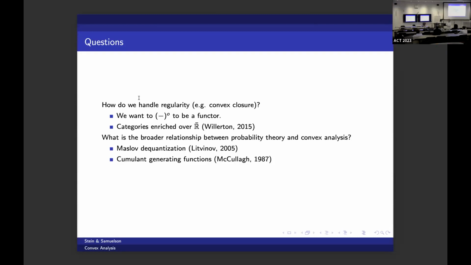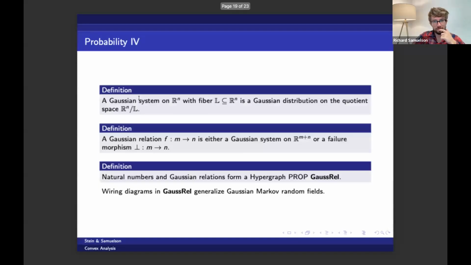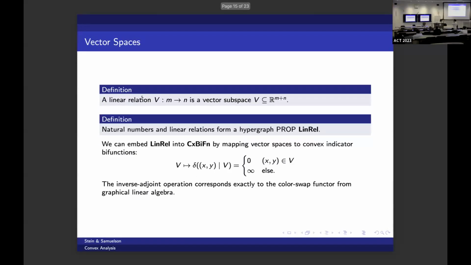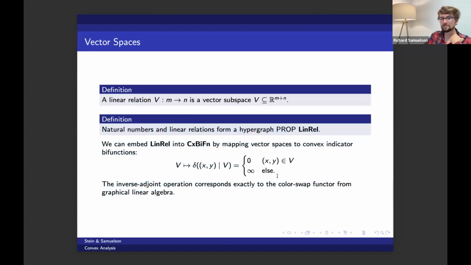Hi, thanks for the really cool talk. I was just curious what the monoid and comonoid structures are in the convex bifunction category. So, the copy and delete, or sorry, copy and co-copy. You do it through these indicator bifunctions. So you take the indicator of the set, which in Rel is the copy and delete.